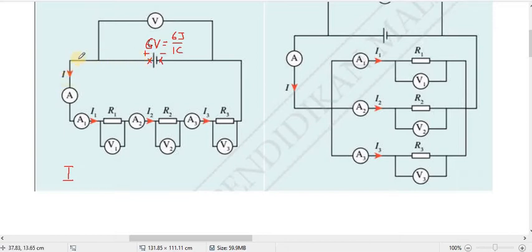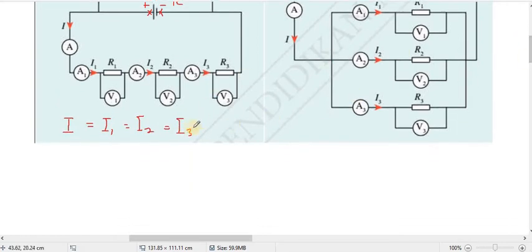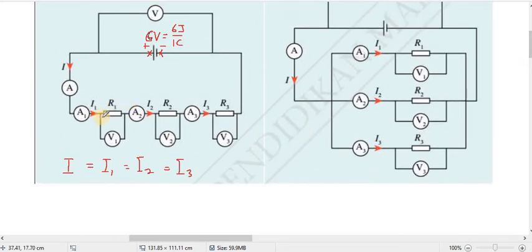So we say this is the total current or the main current. So this main current and all of these other currents are the same.